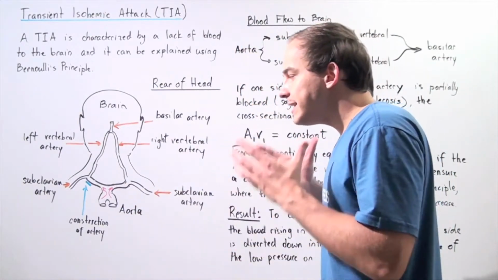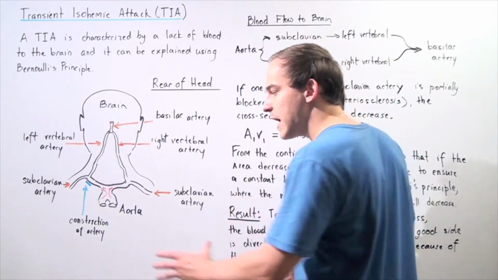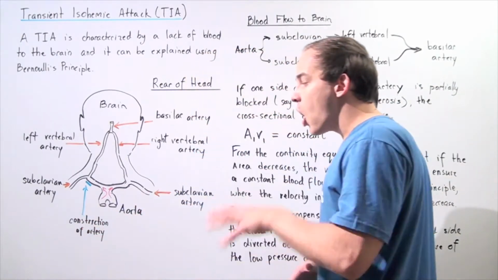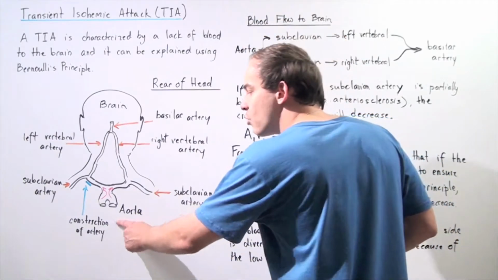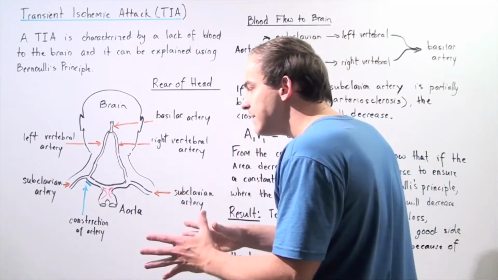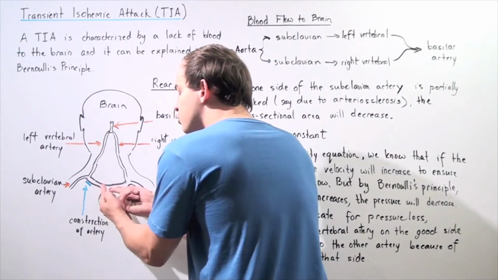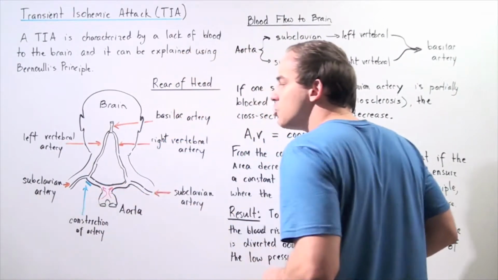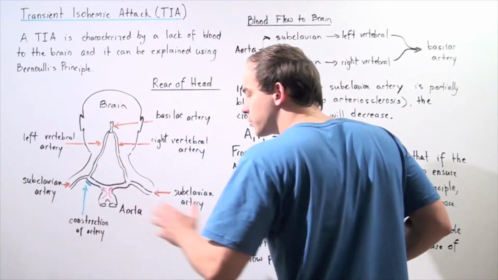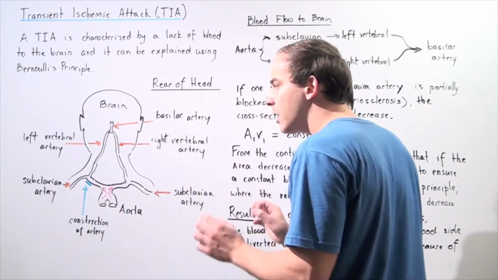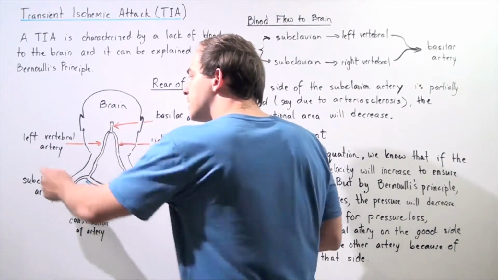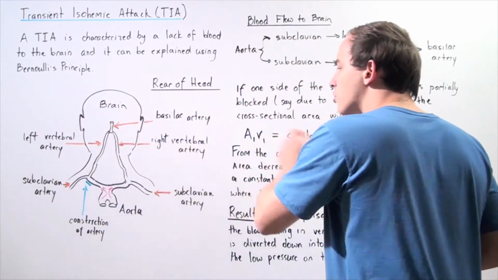The blood begins within the heart, which is found in this region. The heart pumps the blood into a blood vessel called the aorta. From that blood vessel, it deviates into two arteries known as the subclavian arteries. The blood further divides, and some of that blood goes up to the brain via the left and right vertebral arteries.